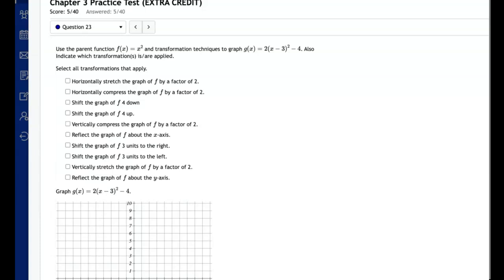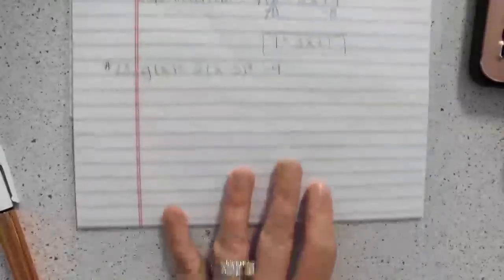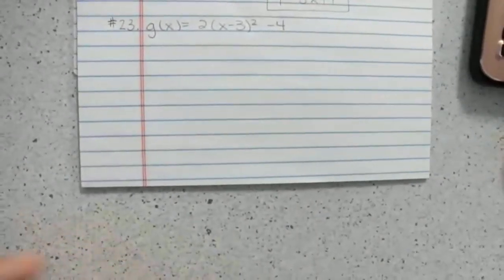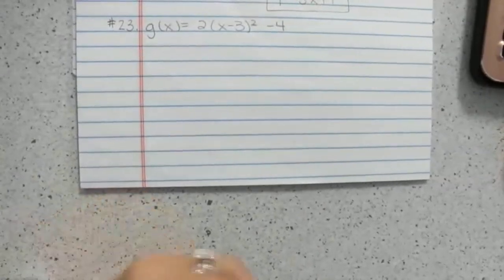So if we have g of x, all right, so just so that we kind of can see where I'm coming from. All right, so that minus 4 is subtracting 4, so we know it's going to be a shift.